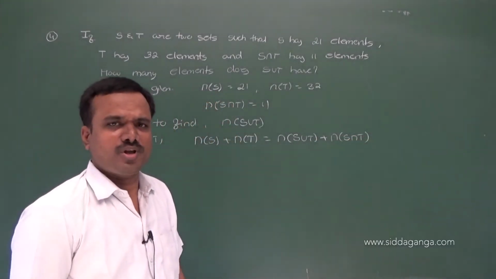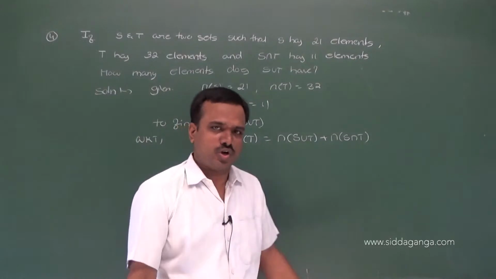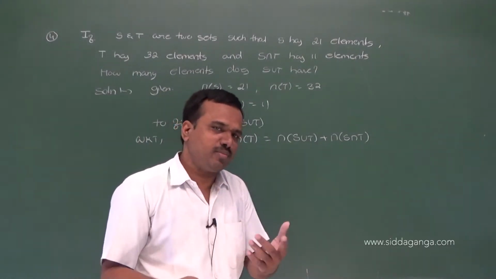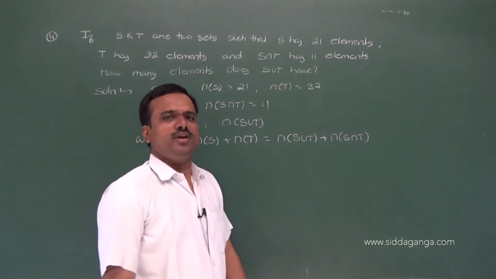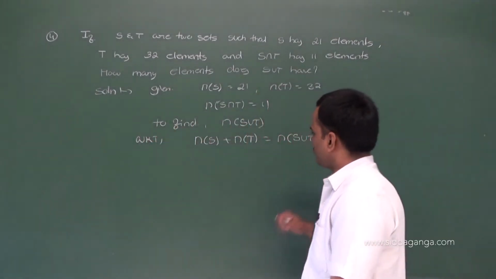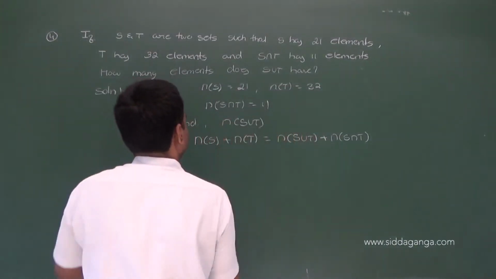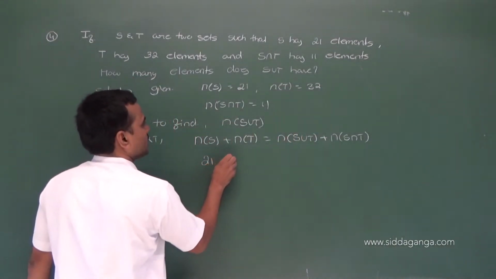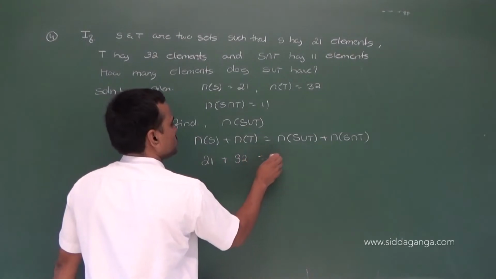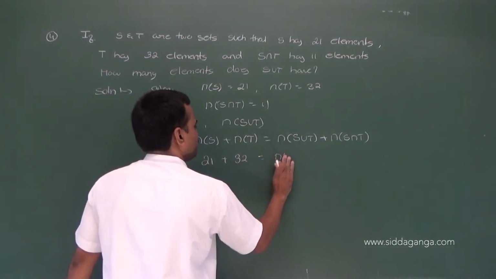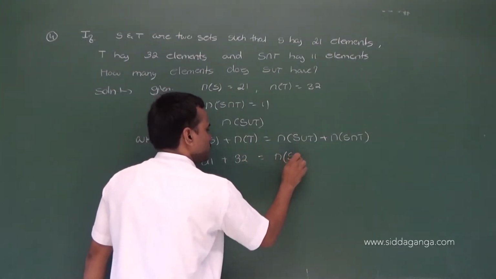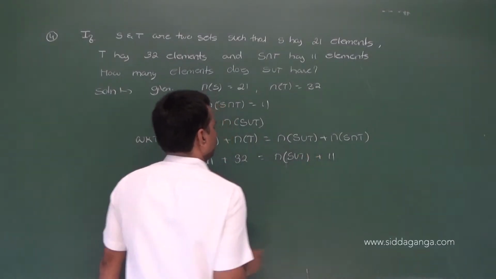Instead of A and B, I take S and T. Substitute all the values: 21 plus 32 is equal to N of S union T plus 11.